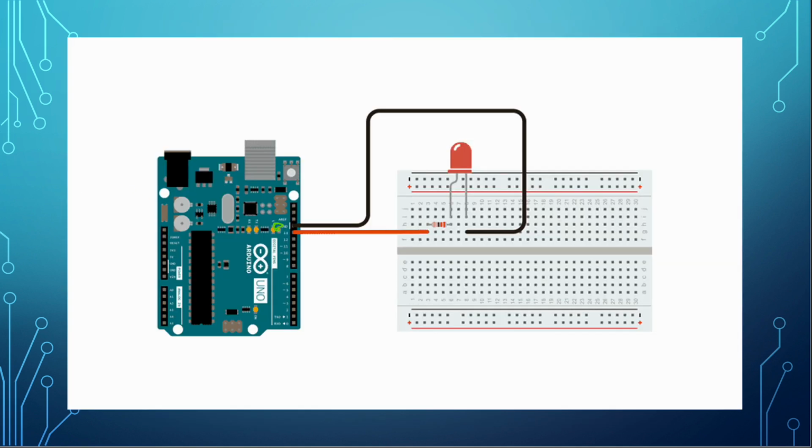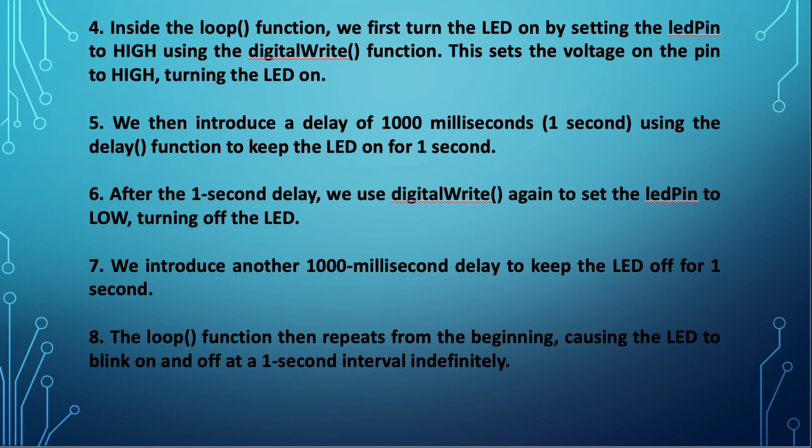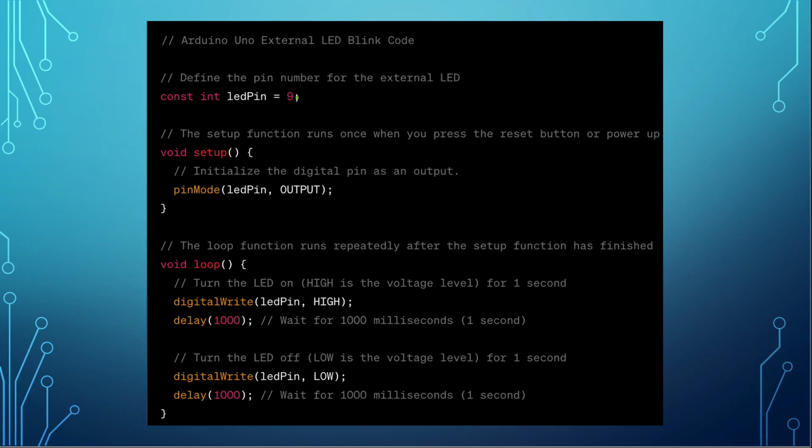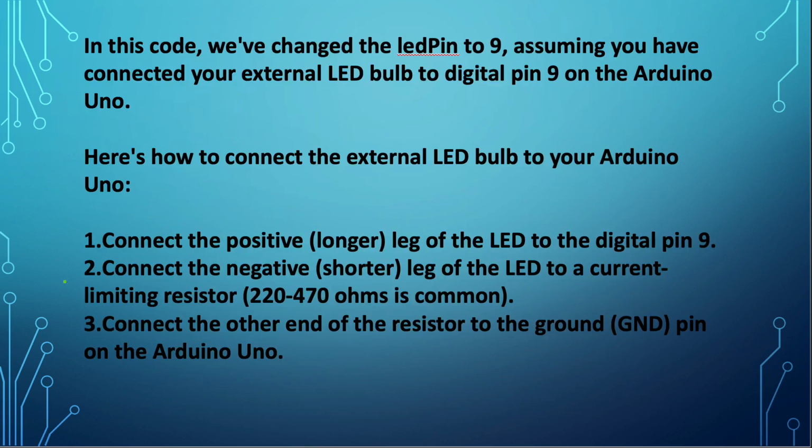This is the LED over here. But now if we are to connect an external one, let's say for port 9, right? Same code, only the connection should be changed, right?